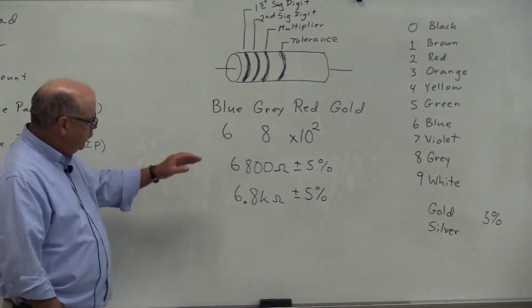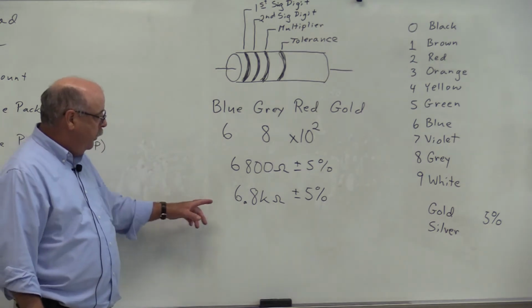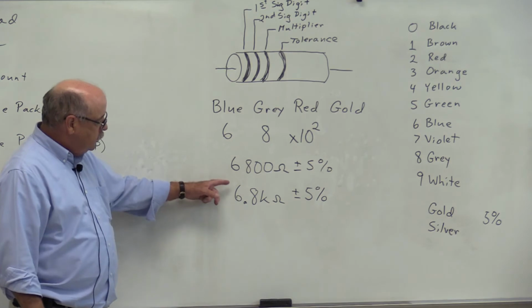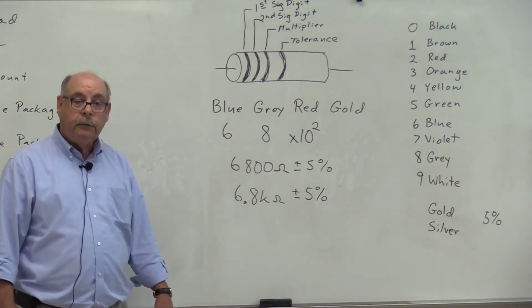We always want to express our values using correct engineering notation and preferred SI prefixes. So 6,800 should be expressed as 6.8 k.